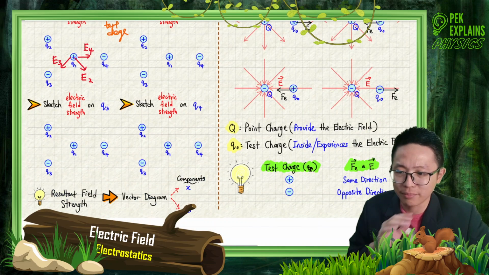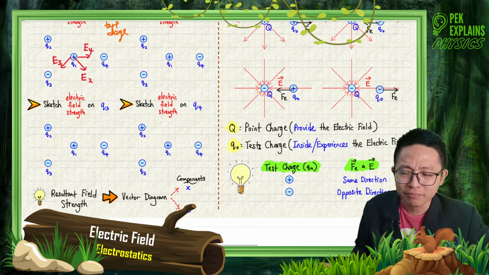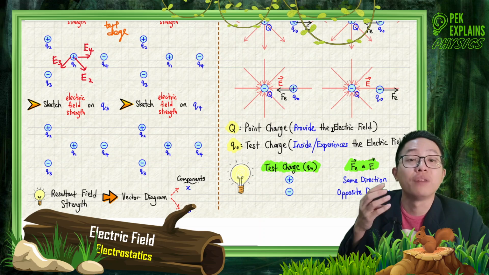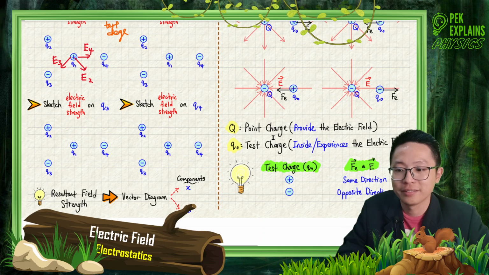Okay. What is the difference between point charge and test charge? The point charge is the one who provides the electric field. The test charge is the charge that experiences the electric field provided by the point charge.